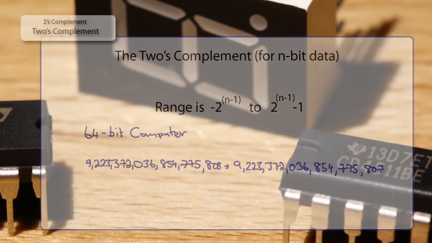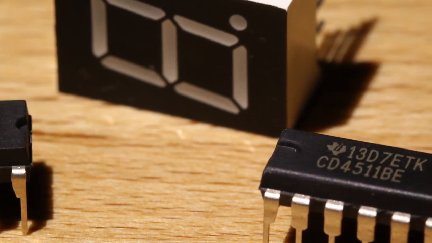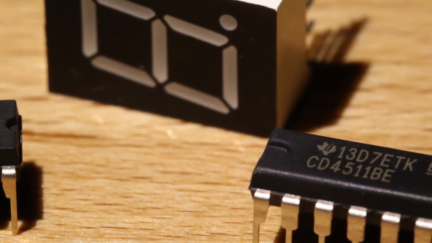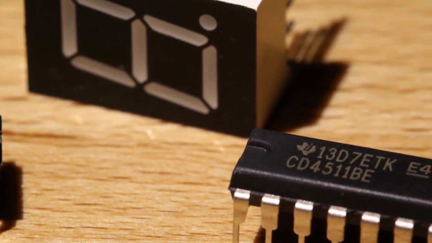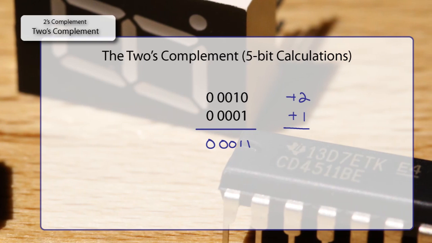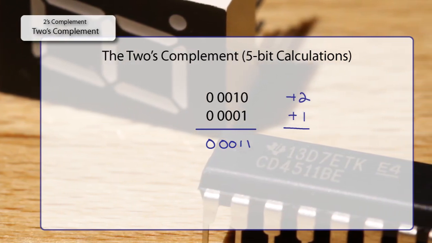So that is the first important advantage of 2's complement. We get the full range of data that we should get and only have one value of 0, which will avoid confusion. The second advantage is we now have a system of numeration that actually works for arithmetic with negative numbers.